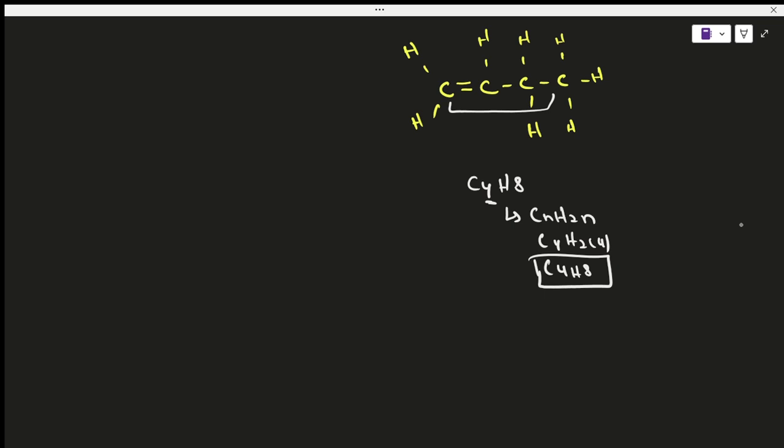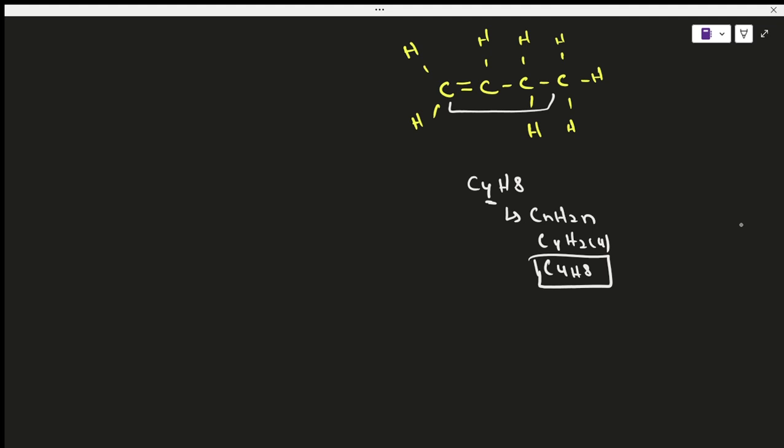Whenever you get stuck on the bonding, or on whether you've drawn the correct amount of hydrogens, you can just place the value of n in the formula and figure out the right molecular formula. So C4H8 is the molecular formula.